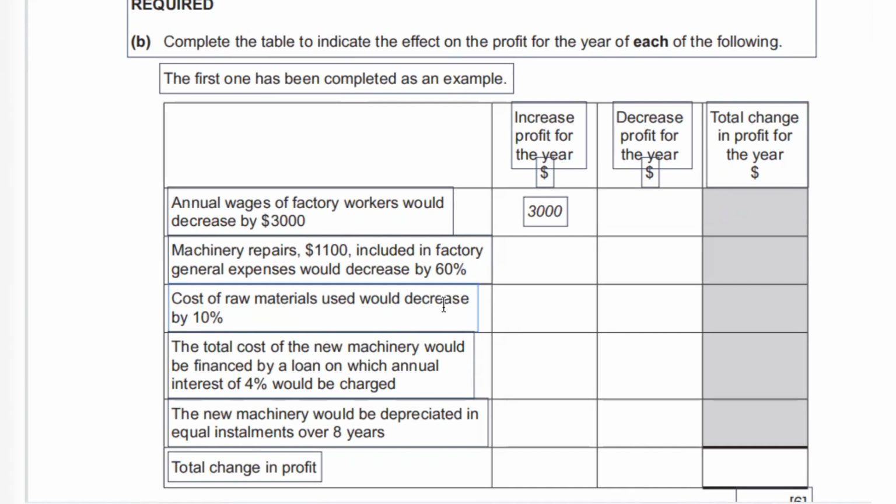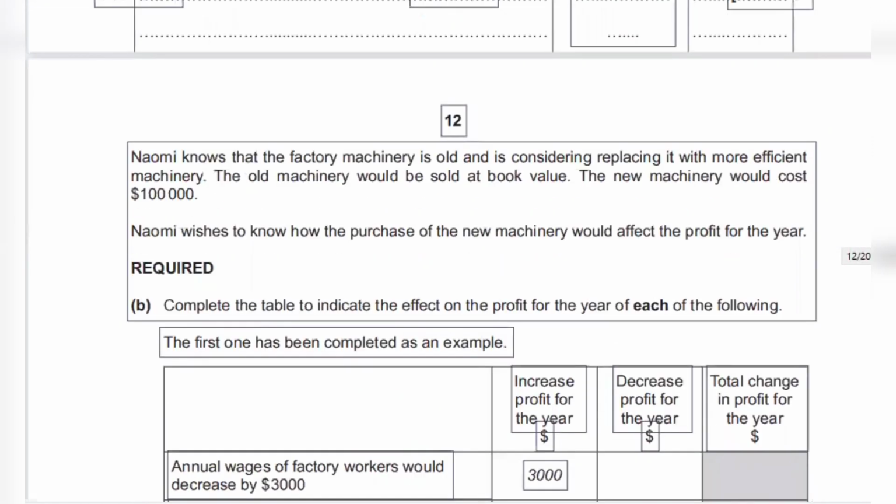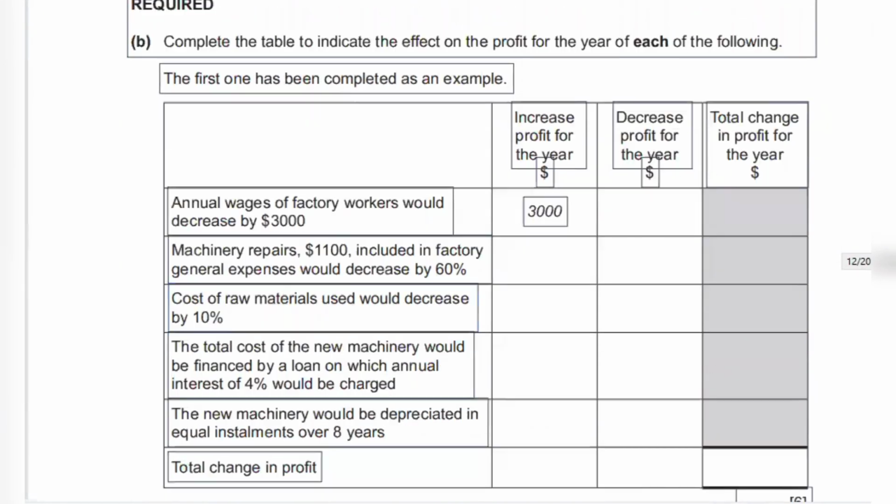As the new machinery would cost 100,000, 4% of 100,000 would be 4,000. So interest decreases the profit; it will decrease the profit by 4,000. Then we have new machinery would be depreciated in equal installments over 8 years.